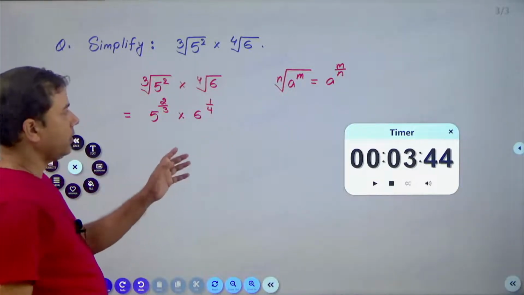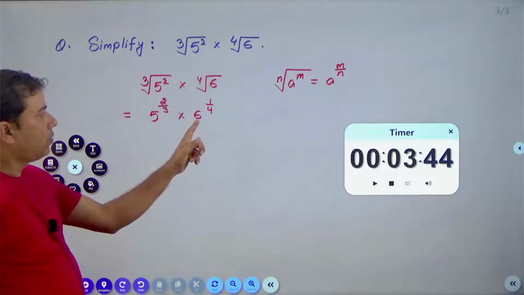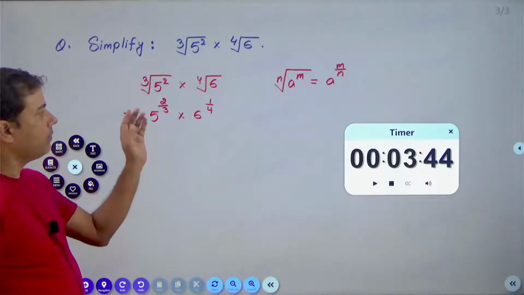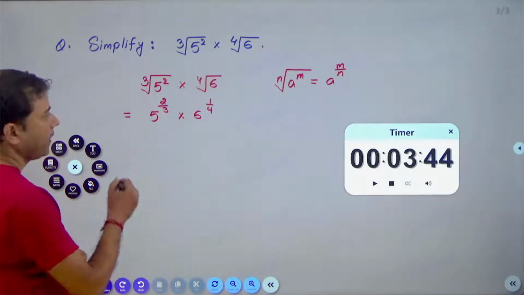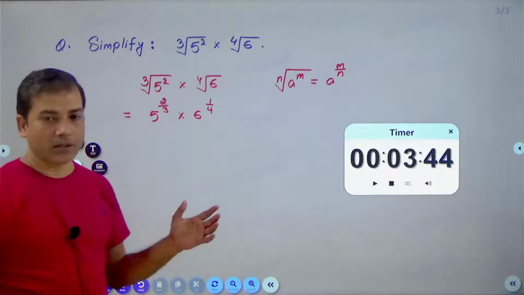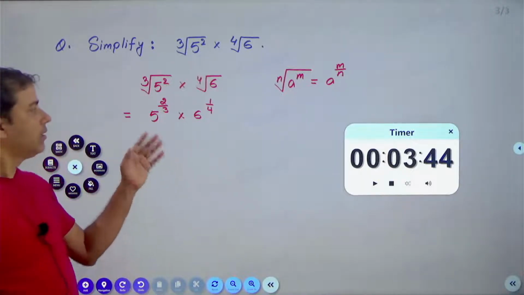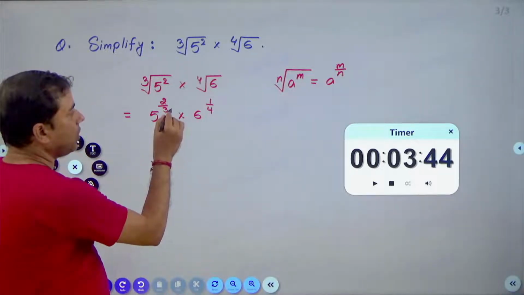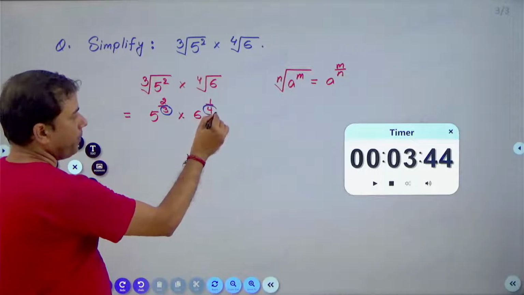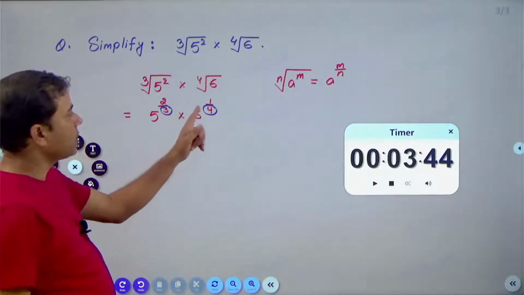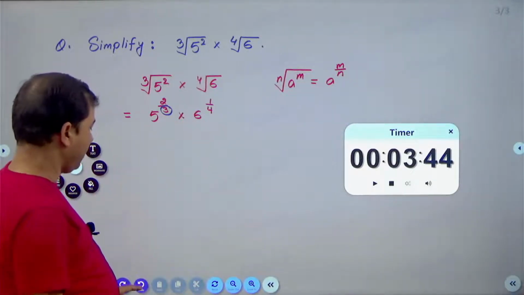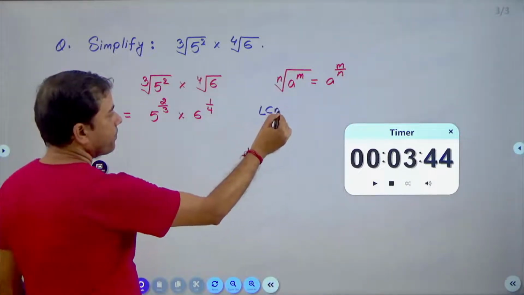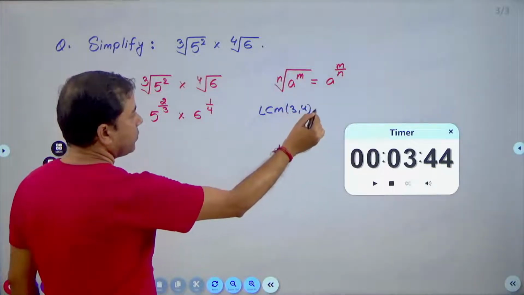Now we notice here, neither the bases nor the powers are the same. I taught such an example in the previous class. In this case, we have to make the denominators of the powers the same. Let us take the LCM of 3 and 4, which is 12.